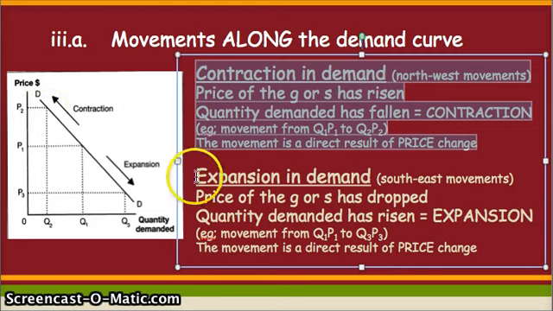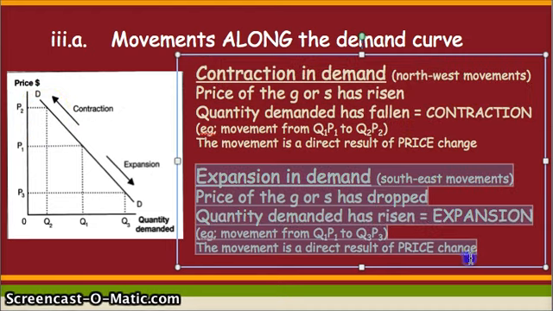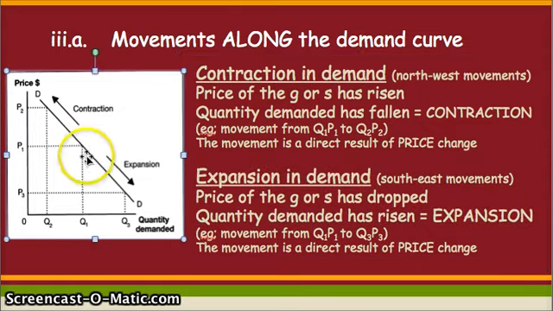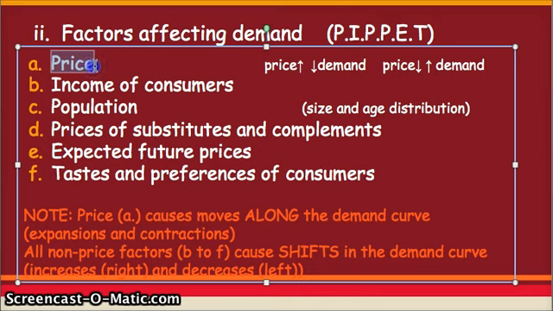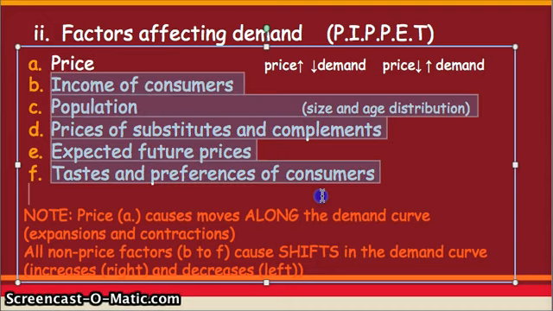The expansion, the southeast movement that I was talking about: the price of the good has dropped, and we've gone from here to here. So if we go back to our factors of demand, we've looked at what the price factor does, how it moves along the curve as opposed to movement of the curve. Now let's have a look at how these other things are going to affect our demand curve.